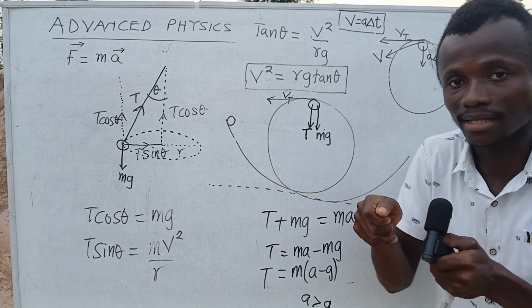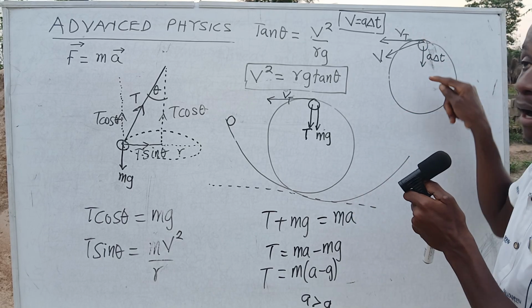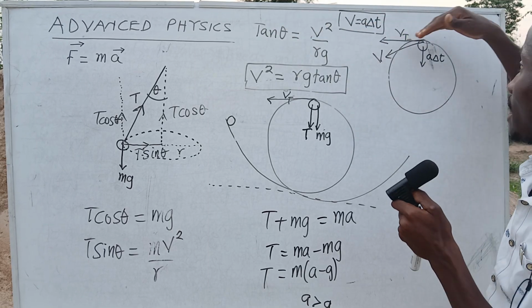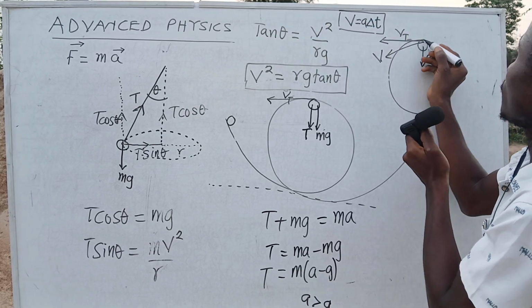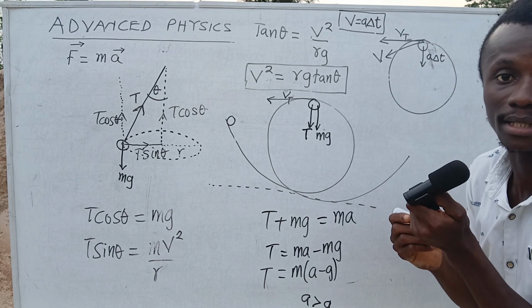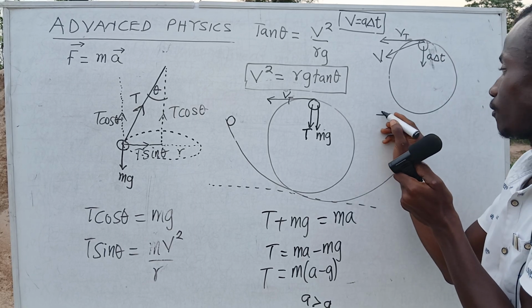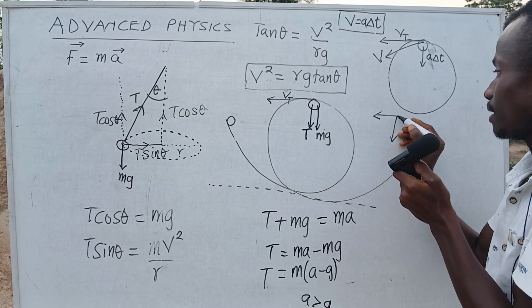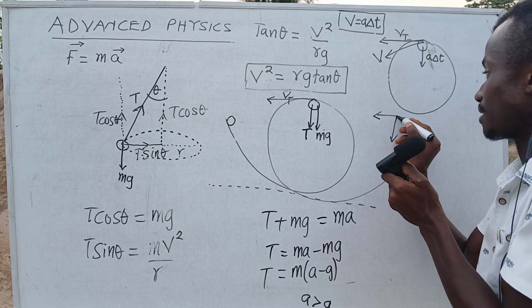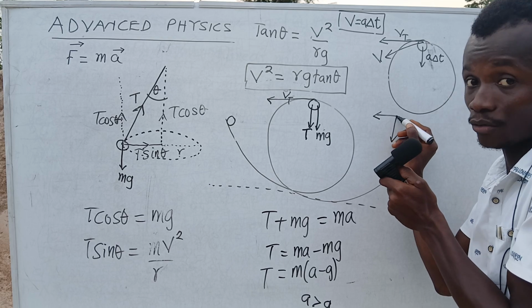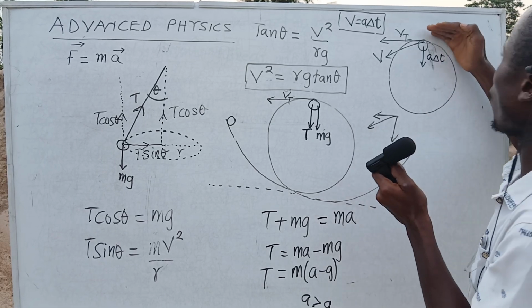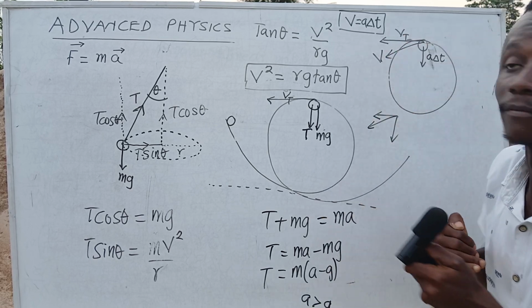And that net velocity is pointed in an oblique direction. That demands that the object doesn't move downwards. It doesn't always move tangentially, but then it moves in a circular trajectory. So there is a tangential velocity like so. There is one provided by these two forces, and the net velocity is pointed not tangential to the circle, but in an oblique direction. That demands that it undergoes a motion around the circle.